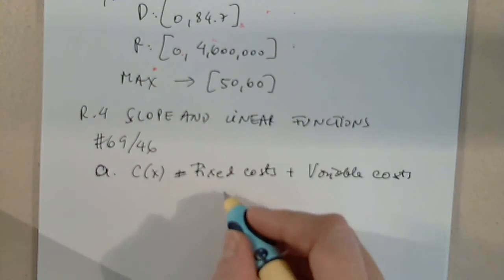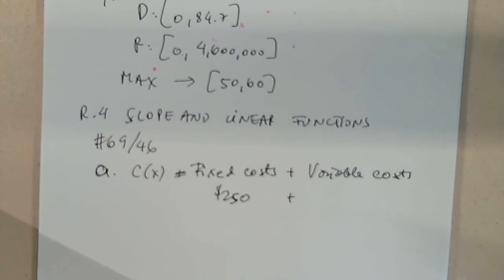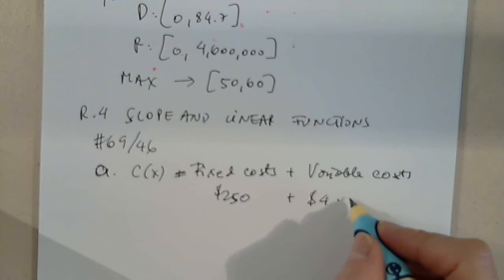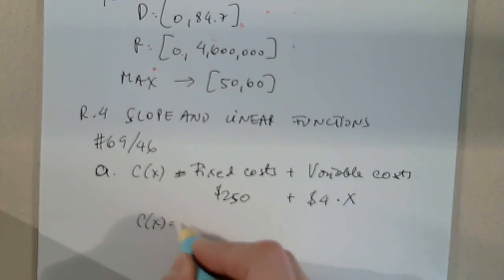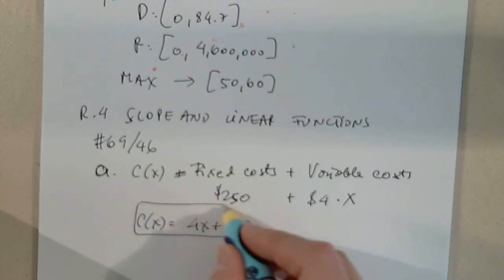The fixed cost is $250, and the variable cost is $4 per lawn, multiplied by the number of lawns he manages to get to. So our function is C of x equals 4x plus 250.